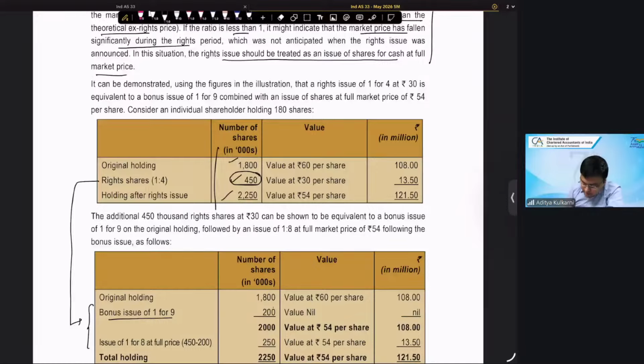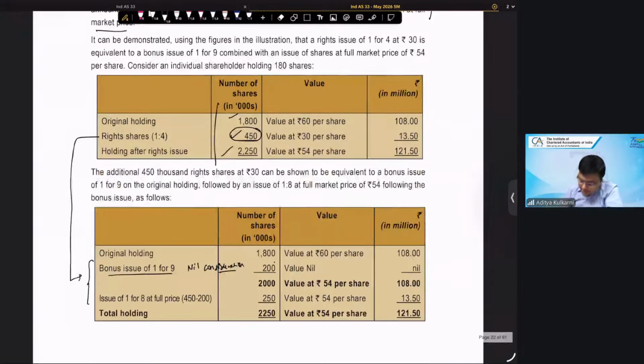So that means this 200 is nil consideration. Are you able to follow? Yes. Out of 450, 200 shares are issued similar to bonus shares. The remaining 250 is at full value. Are you able to follow? Yes? Sure?